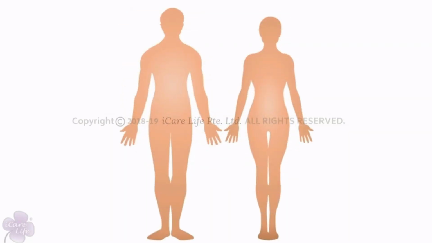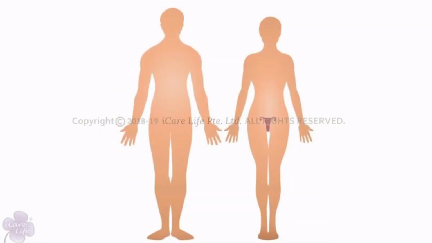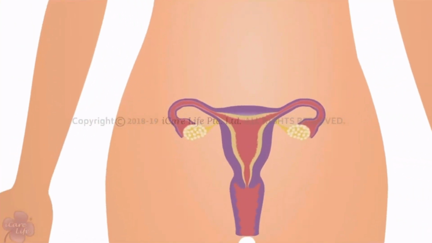Now, let us look at the various parts of the female reproductive system and their functions. The female reproductive system protects and nourishes the zygote till it develops into a baby and takes birth.